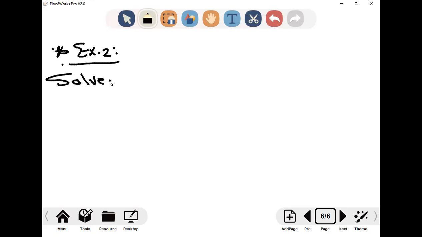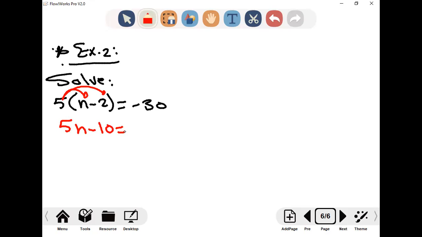Let's go to example 2 together. Solve 5 multiply n minus 2 equals negative 30. We will follow the same strategy. Distribute the 5. It will be 5n minus 10 equals negative 30. After the distribution step, it will be a two-step equation. Now shift the negative 10. 5n equals negative 30 plus 10. So 5n equals negative 20, right?